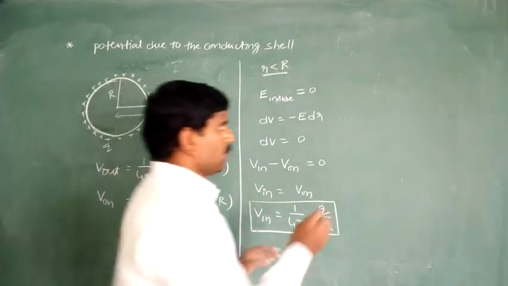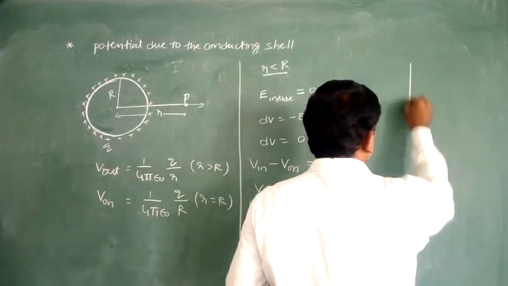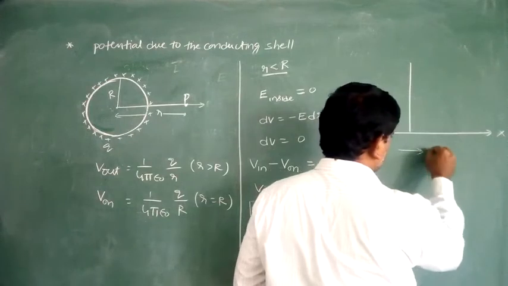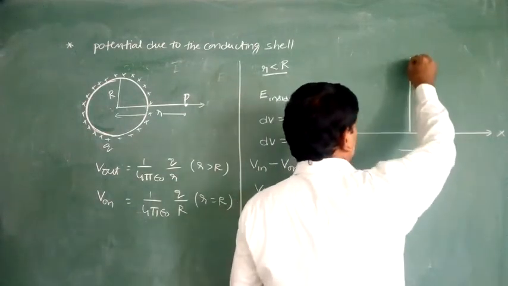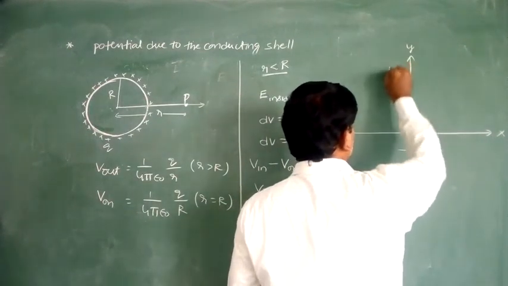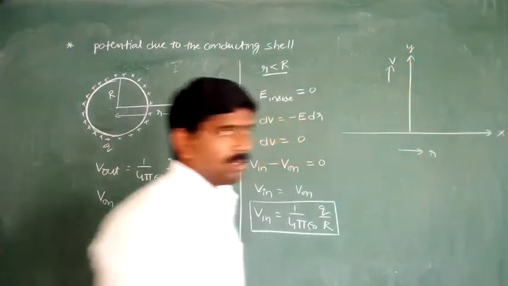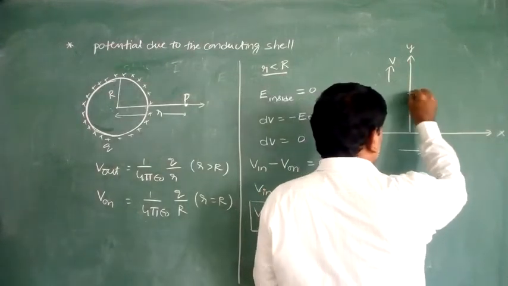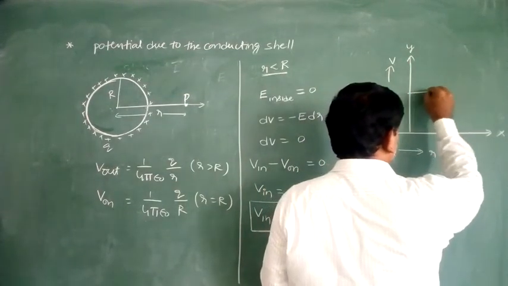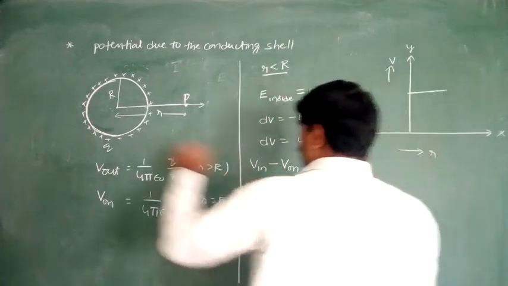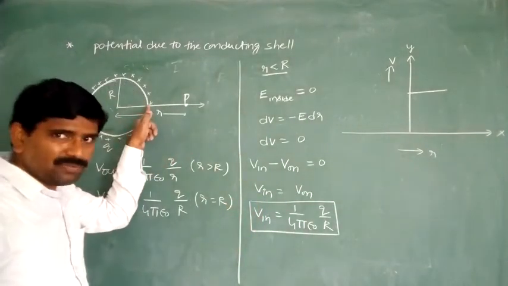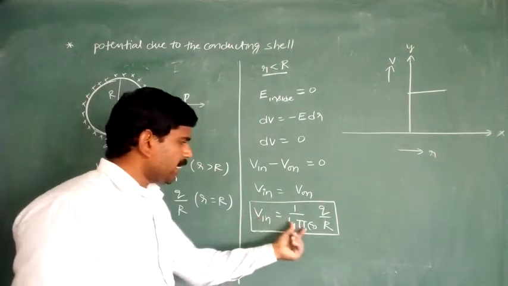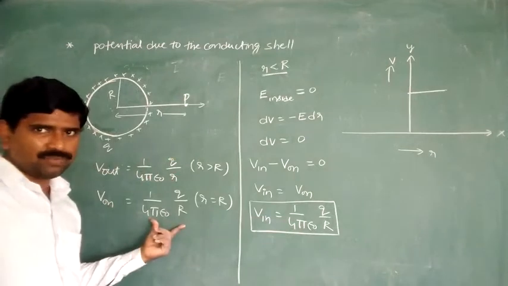Now, if you draw the graph, take distance on the x-axis and potential on the y-axis. This is the potential V. The potential inside of the shell is a constant, from the center up to the surface, because V inside must be equal to V on surface.